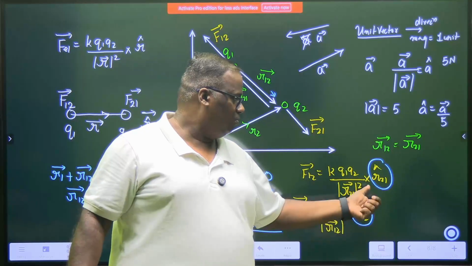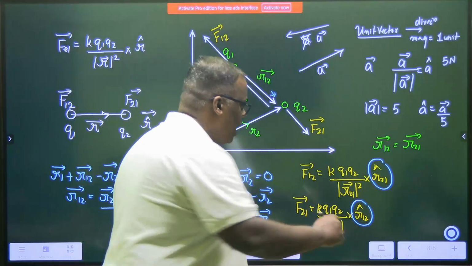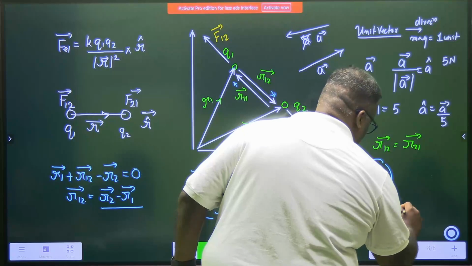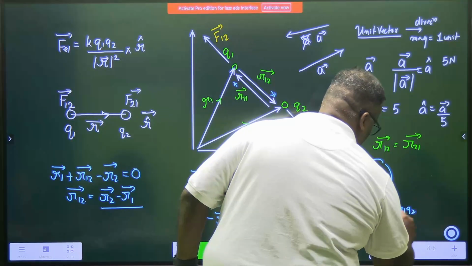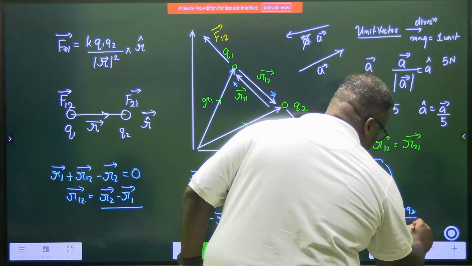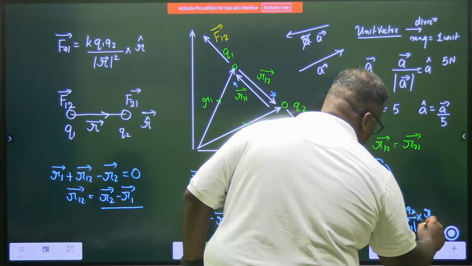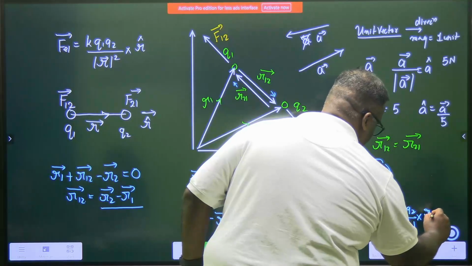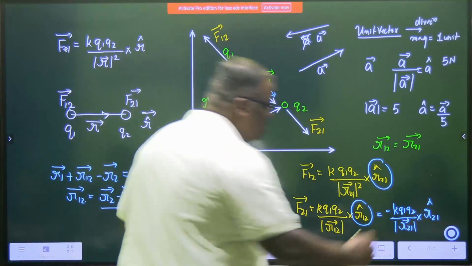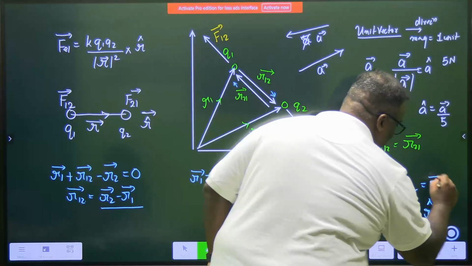I just put a negative on this side, and I can now write it as negative K Q1 Q2 divided by the magnitude squared, instead of r12 I write r21 cap, because children, I am using only magnitude, but here I am using the cap. Can I write this? And is this same thing not equal to the F12 vector?